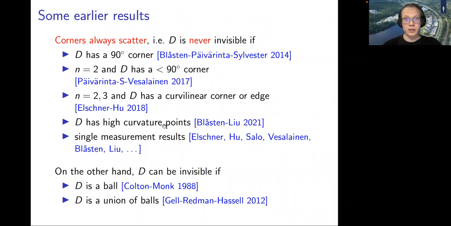All of these results just say that if you have a corner point, then the obstacle D can never be invisible. But it turns out that one can use these corner scattering results to also prove uniqueness results in single measurement inverse problems, which was the motivation that I started with. A typical result says that if the obstacle D is a convex polygon in 2D, then it can always be determined from a single measurement, no matter what incident wave you use. Many people have worked on this.